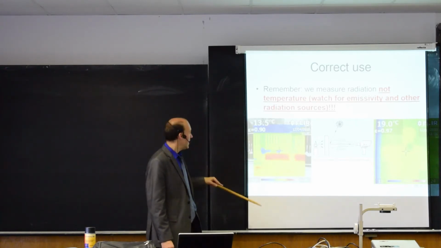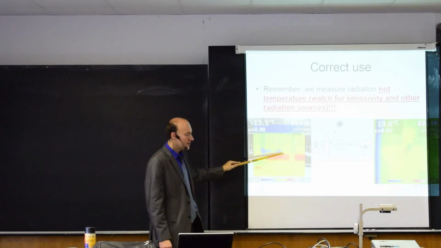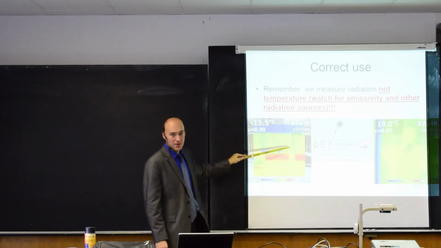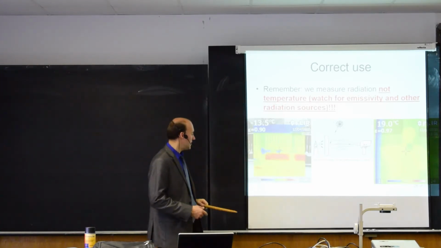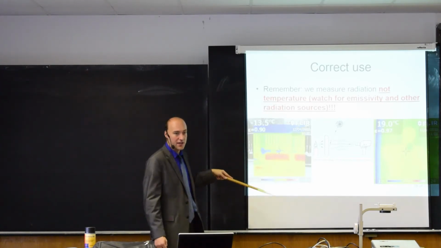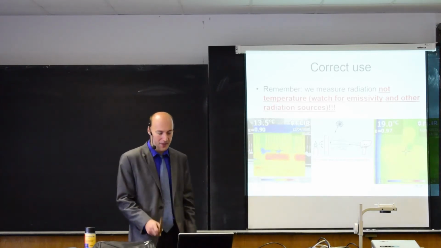This was metal, and this was snow. It was in the winter, and this is wood. So all the materials have different emissivity, and they appear to have quite different temperatures, but in fact it does not have different temperature. How can you verify that?